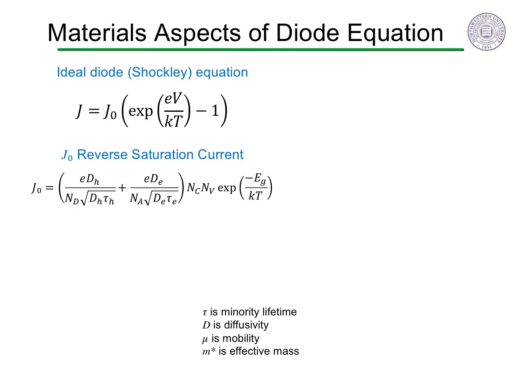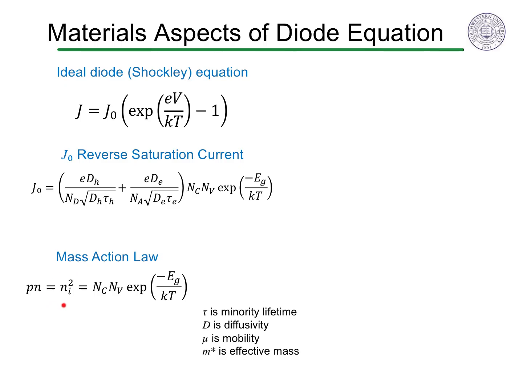There are a number of material properties that affect a diode's performance, where material selection and engineering may become important in device design. We saw that in the diode equation, the material parameters are in the reverse saturation current, J0. This was derived from the sum of the electron and hole minority diffusion currents, where each depends on the diffusion coefficient D, minority carrier lifetime tau, and the dopant concentration, which came from the mass action law.